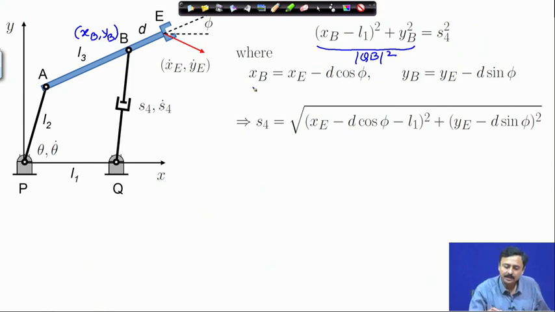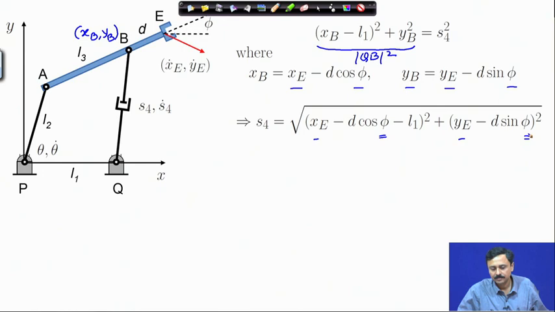And xb can be related to xe and phi. Similarly, yb can be related to ye and phi. So, if you use these expressions, S4 can be related to xe, ye, but you also have phi. Phi, remember, is the orientation angle of the end effector.